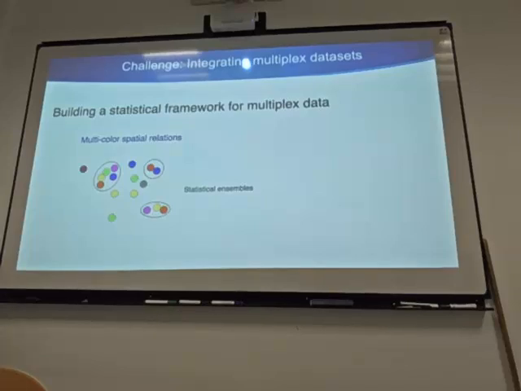Because right now we can look at the association between 2 types, 1 to 2, 1 to 1, 1 to 3, 2 to 3, etc. And actually now there is a new direction of research directly looking at multicolor spatial relations, 2, 3, 4, and identify this type of clusters. But this needs the development of new statistics to look at multicolor assemblage.